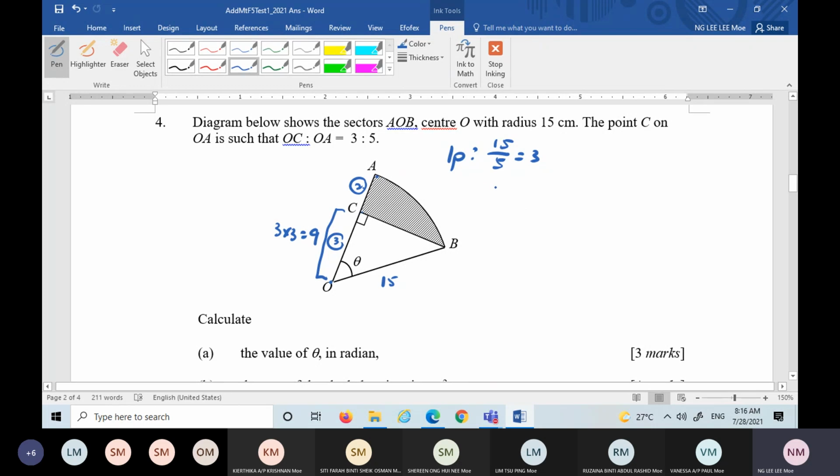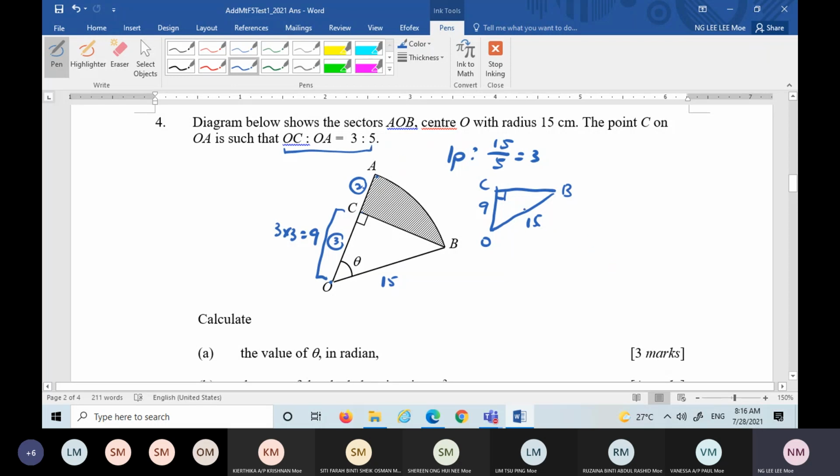So you extract out this triangle, the right angle triangle. Here is the C, here is the O, here is the B. Then this is 15, the radius of the sector, and OC is 9, based on the ratio given.